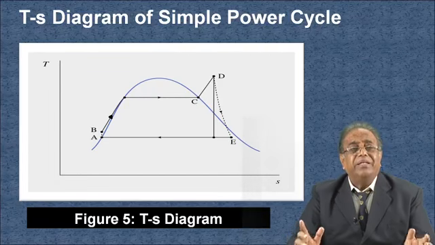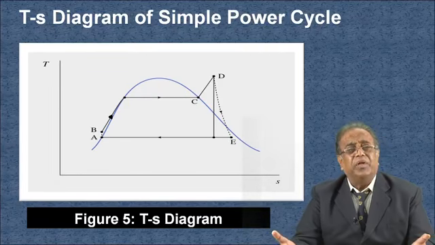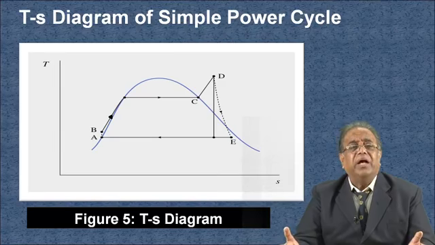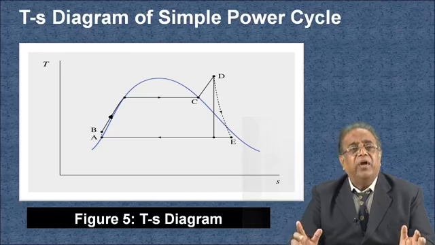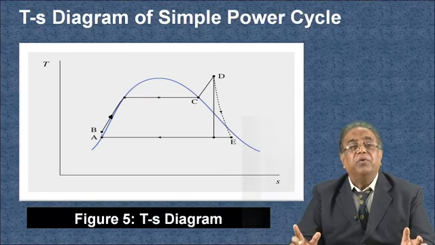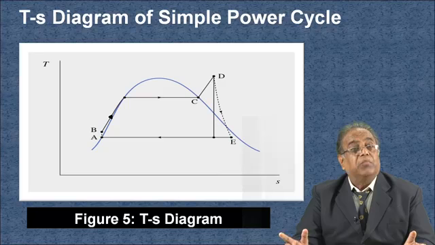Now, this is another TS diagram. Here the same thing is going on. A to B is the pump work, and B to C up to D is the process occurring in the boiler.